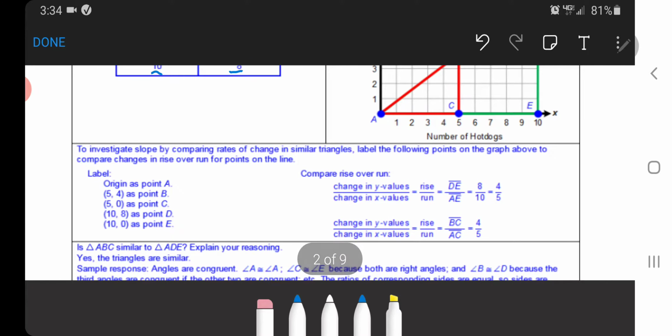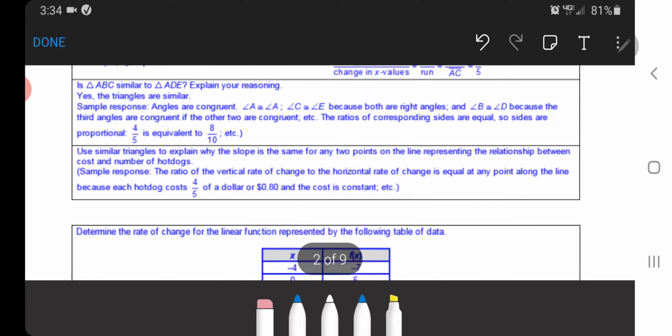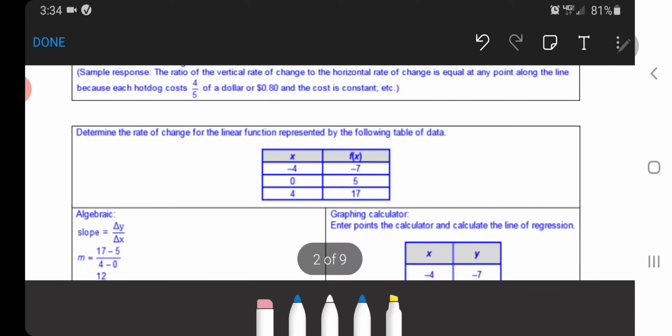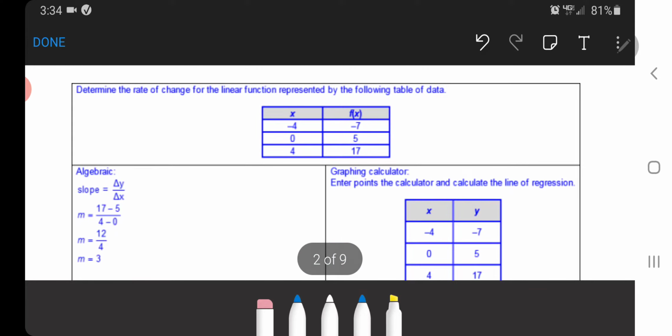Okay, moving on down. I'm going to ignore some of these, a little bit harder to read than some of my problems later, and we'll look over that. But let's look at this other one. So you do change in y over change in x again. Sometimes it's real easy to see. Sometimes we've got to do it in another format. But our change in y, annotated with f of x, is like our y values. Negative 7 to 5. That goes up by, what, 12 units?